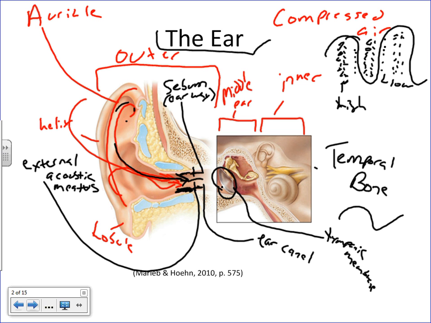Now this puts a topic into my head. I hear people say that you shouldn't clean your ears with Q-tips, and when I hear that, it kind of irks me. Why not?